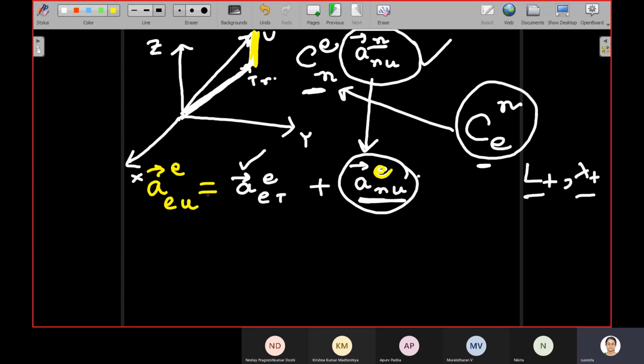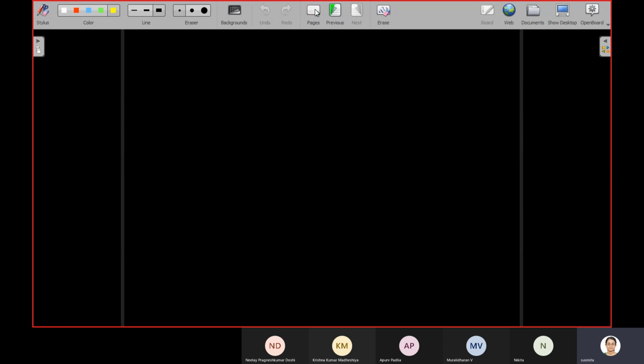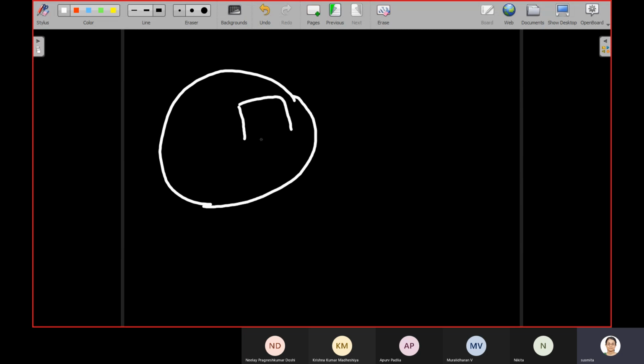The second approach would be: the transmitter is here, user is here.